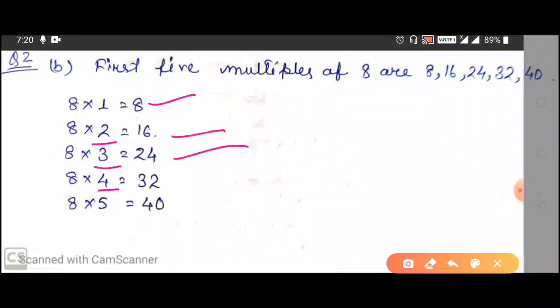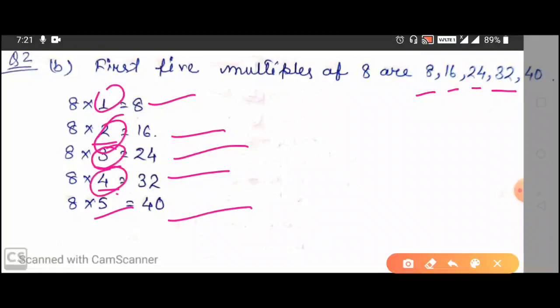Then by 4, the answer is 32. Then by 5, the answer is 40. In this way, the multiples are 8, 16, 24, 32, 40.